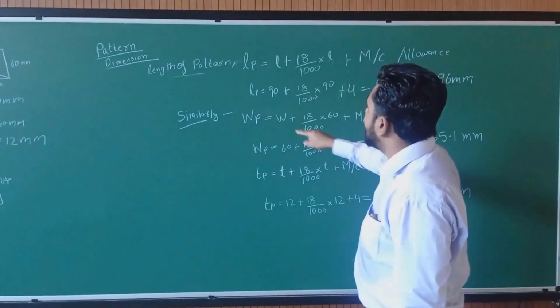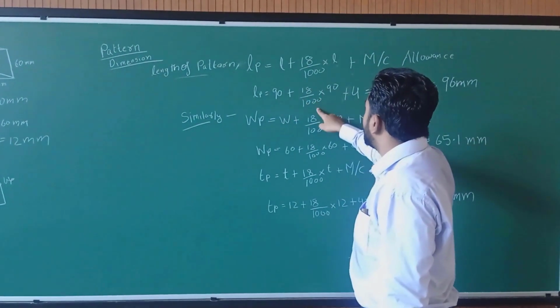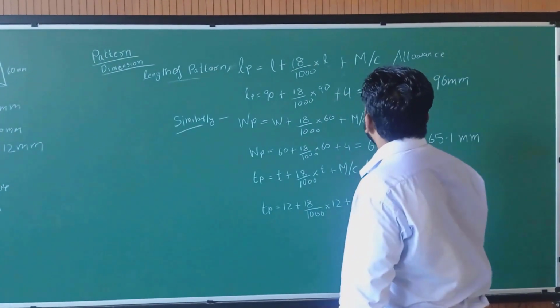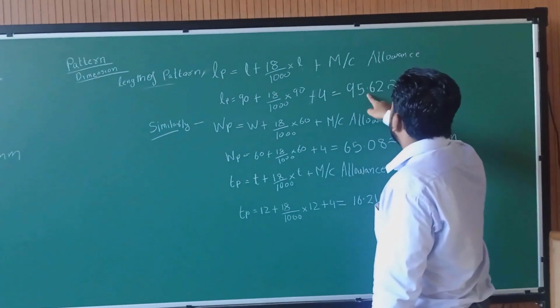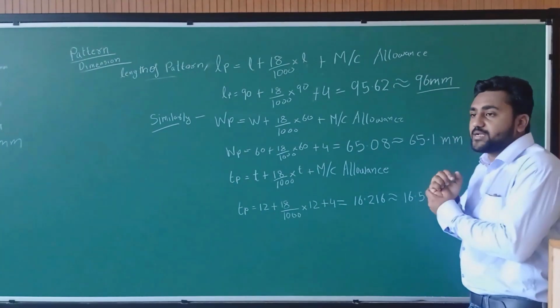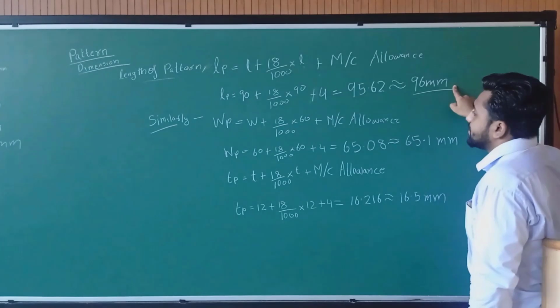So if we calculate, that is 90 plus 18 upon 1000 multiplied by 90 plus 4, where 4 is the machining allowance, we get 95.62, which is close to 96 mm. Our final pattern length will be 96 mm.